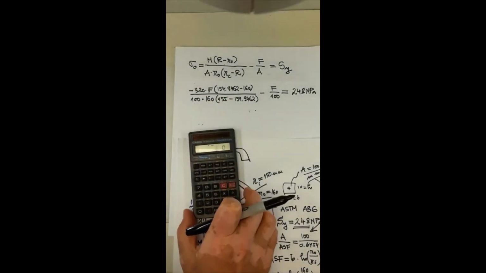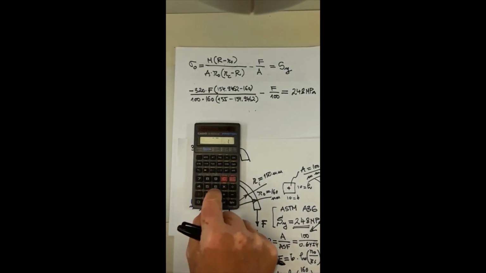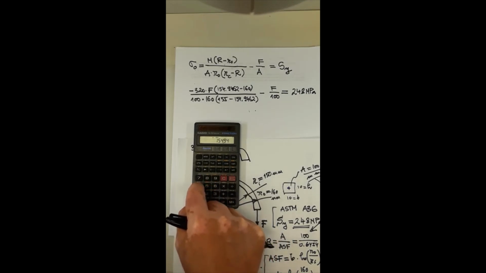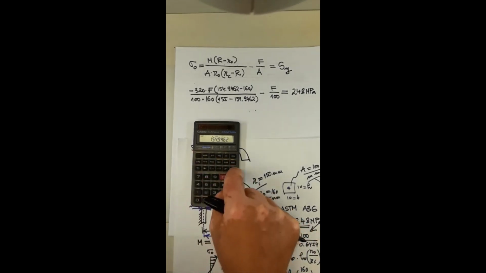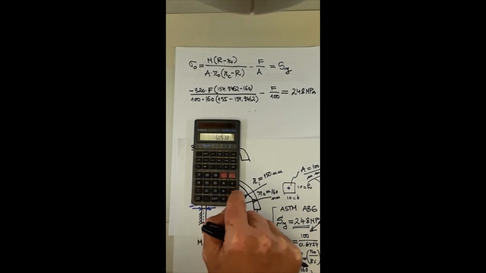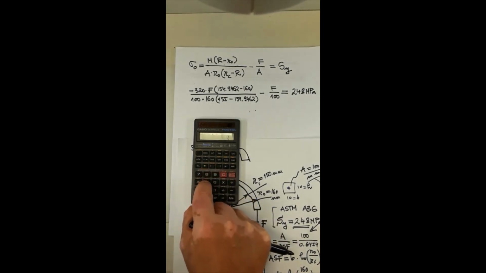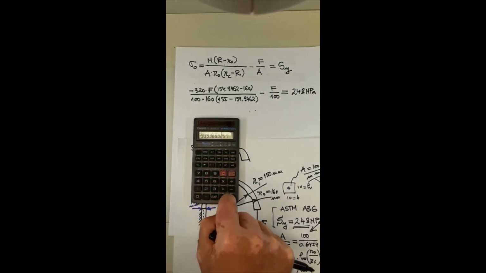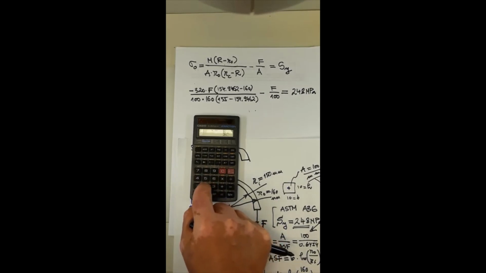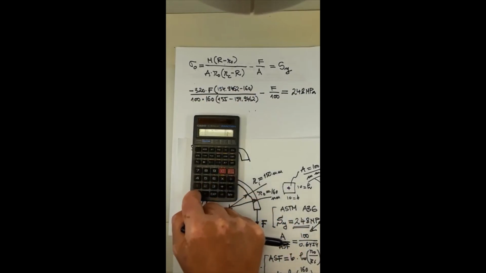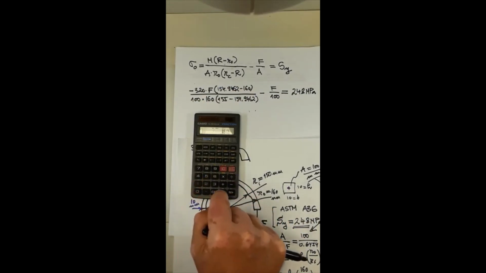And we have 154.9462, put this in the memory, minus 160 equals, and then divided by parentheses 155 minus close parentheses equals, times 320 negative equals, over 100 over 160.